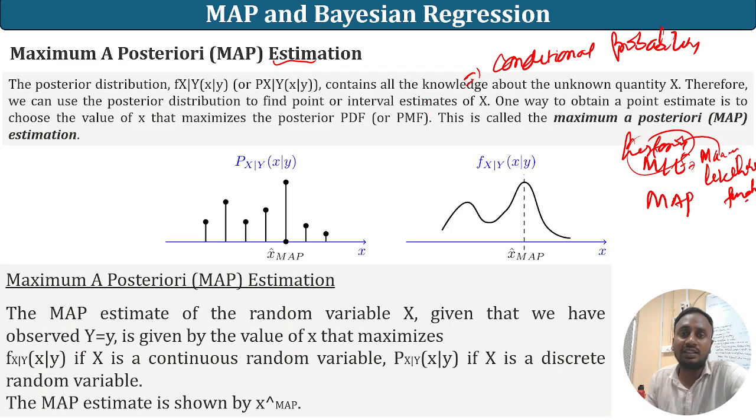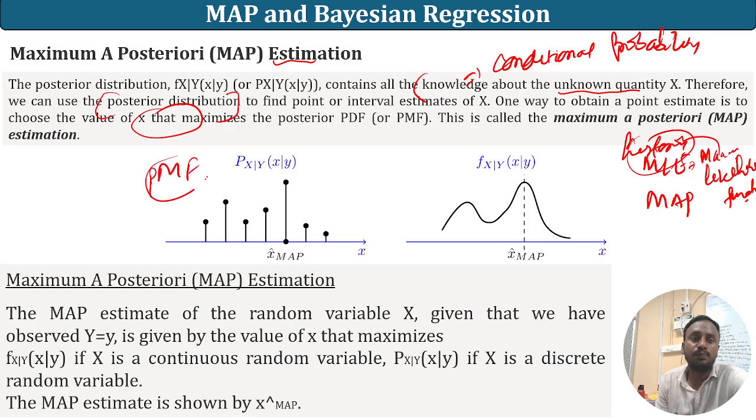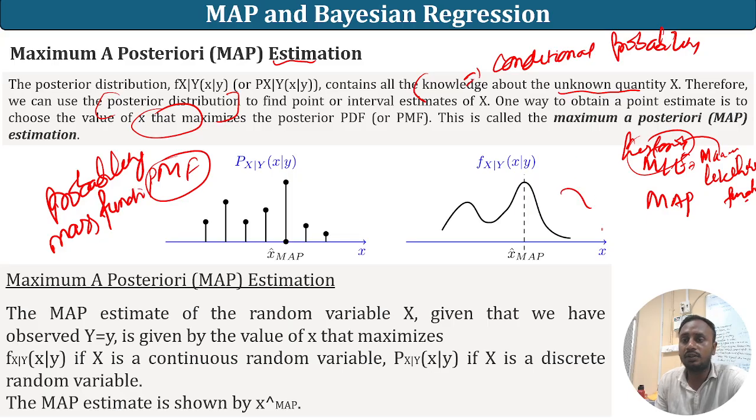So it contains all the knowledge about the unknown quantity. Therefore, we can use the posterior distribution, and to find the interval estimate of x, we can obtain a point estimate by choosing the x that maximizes it. This is how it goes for the PMF, probability mass function, and this is for the PDF, the probability density function.